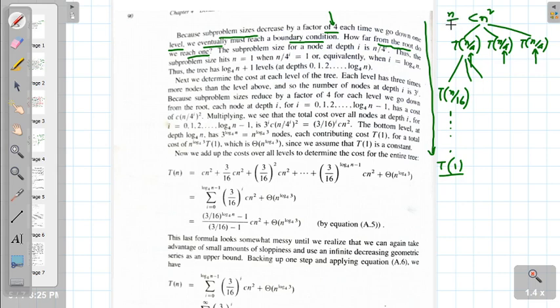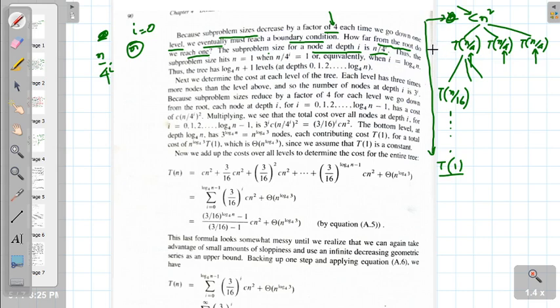at any ith level, what is the subproblem size? The subproblem size for a node at depth i is n by 4 to the power i. If i equals 0, that is the root level, then 4 to the power 0 is 1, so the size is n.